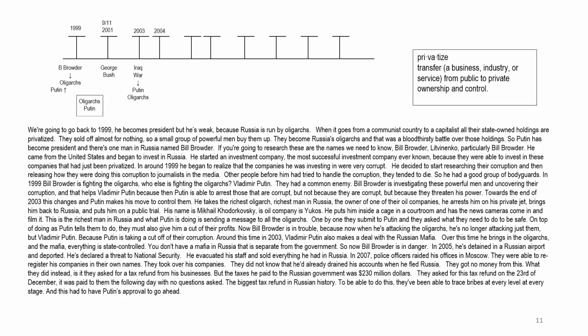It wasn't Bill Browder. It was his lawyer, Magnitsky. Oh, yes, that's right. Magnitsky. I remember the name, not so much the incidents. I wasn't paying too much attention to what was going on in these years. He started some sort of a thing where America could freeze the assets, or I think it was worldwide, actually.